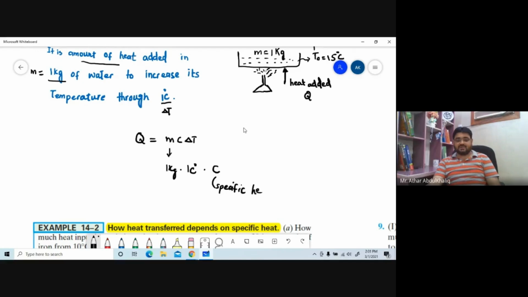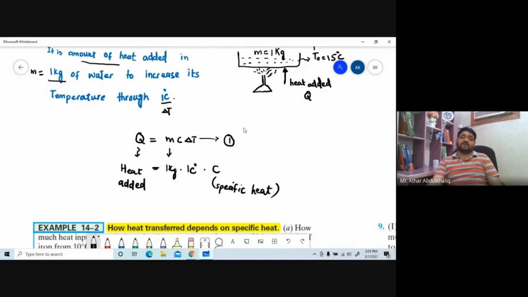Q is the heat added. So specific heat is the amount of heat required to raise the temperature of 1 kilogram of water through 1 degree Celsius rise.